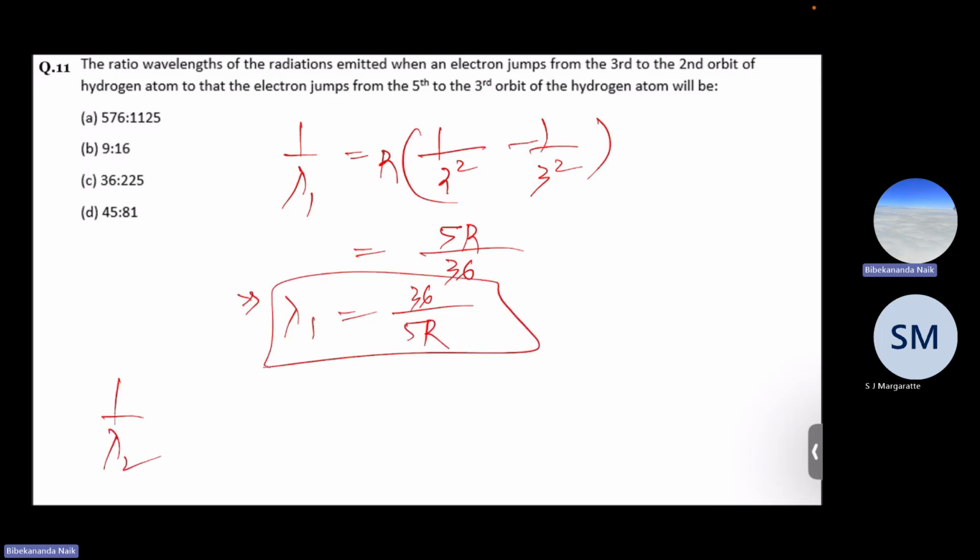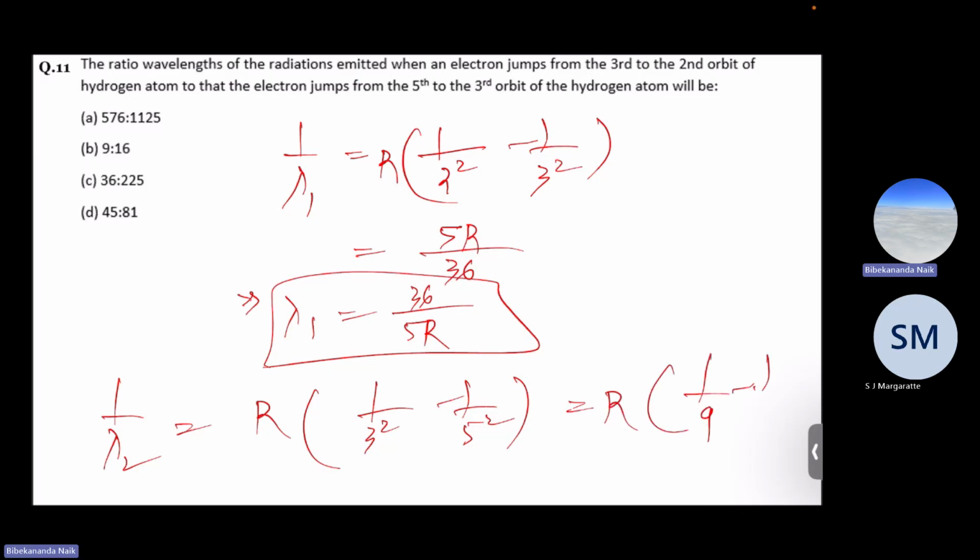Similarly, lambda 2, it is R from fifth to third orbit. So 1 by 3 square minus 1 by 5 square. So it is R into 1 by 9 minus 1 by 25.